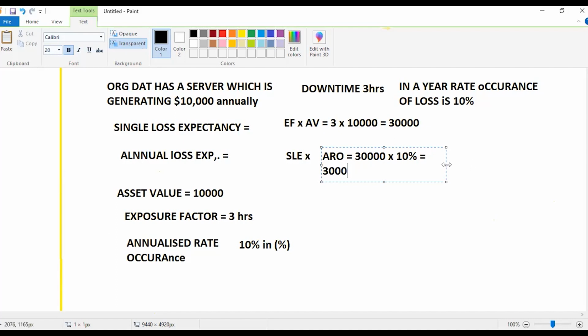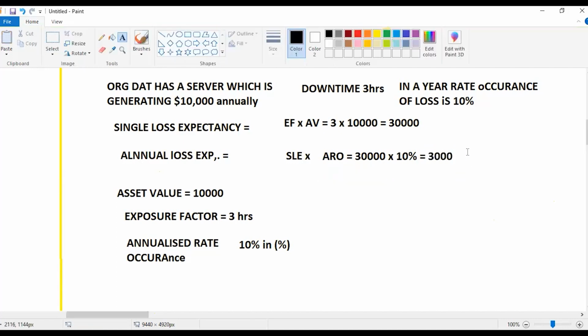So annually in a year, we're gonna be losing $3,000. The single loss expectancy SLE, annual loss expectancy ALE, asset value AV, exposure factor EF, annualized rate of occurrence ARO.